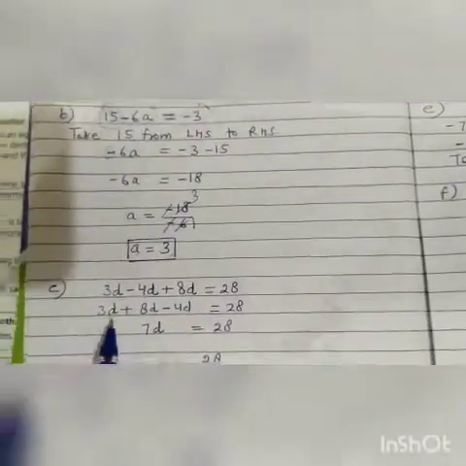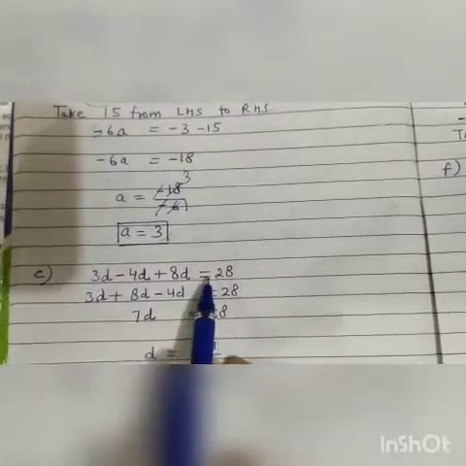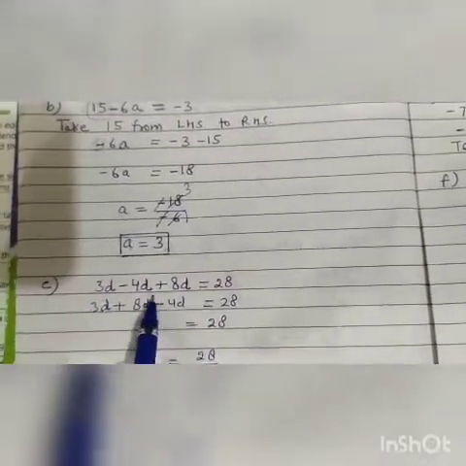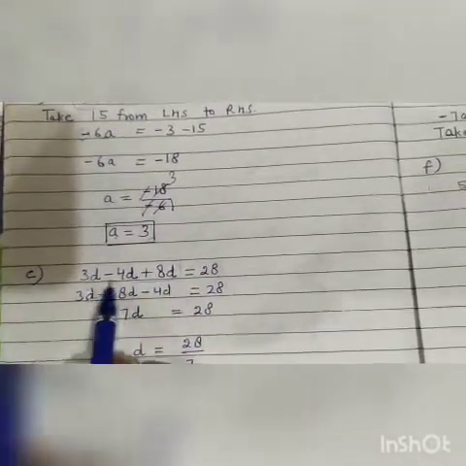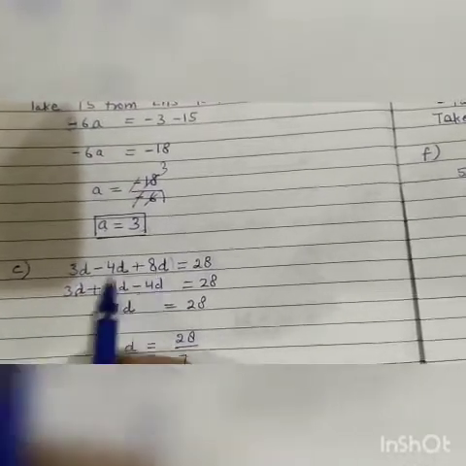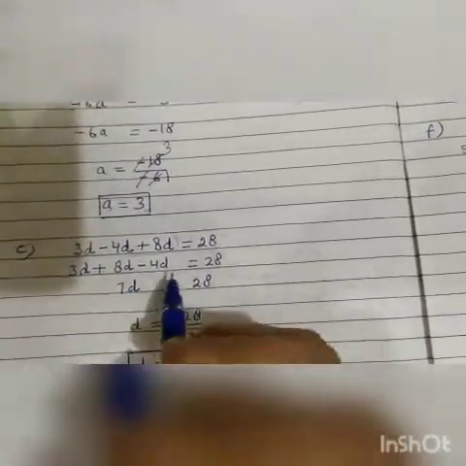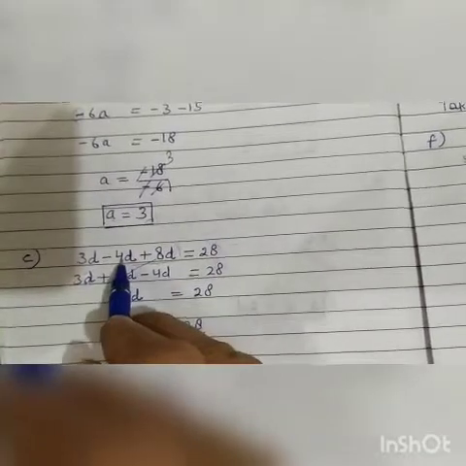Next, C. 3d minus 4d plus 8d equal to 28. See, here all these three terms on the left hand side contain d, which means these are like terms. So first we will solve these three like terms: 3d plus 8d minus 4d. Here, students, we have changed the places of 8d and 4d.